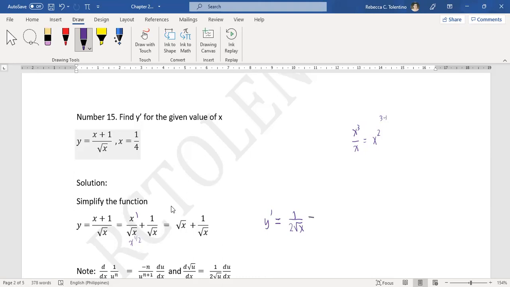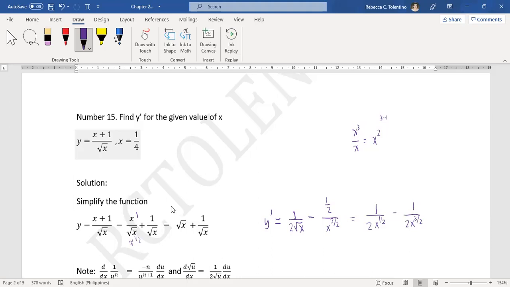So we have 1 over x to the 1/2. Then you increase the exponent in the denominator, so instead of just 1/2, this becomes 3/2, because 1/2 plus 1 is 3/2. So this is 1 over 2, let's just use fractional exponent, minus 1 over 2 x raised to 3/2.